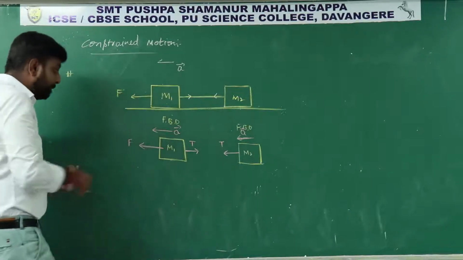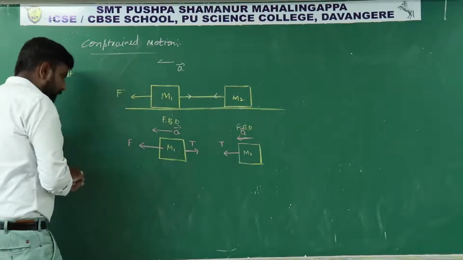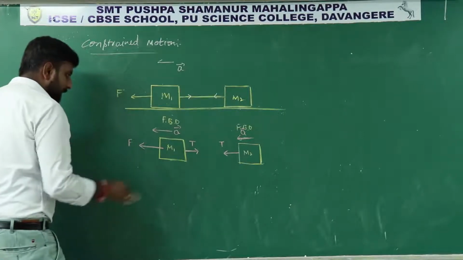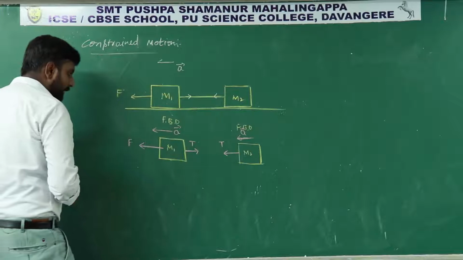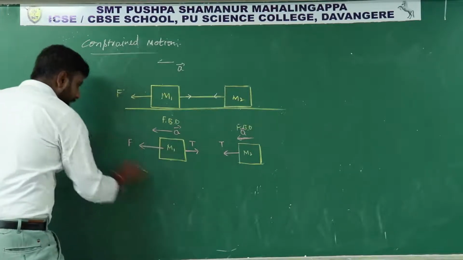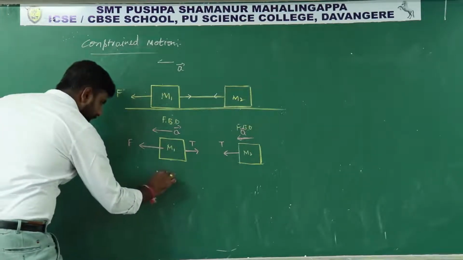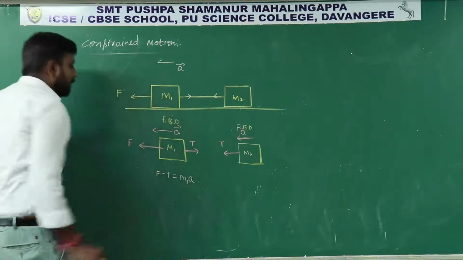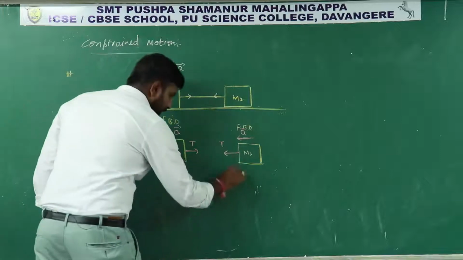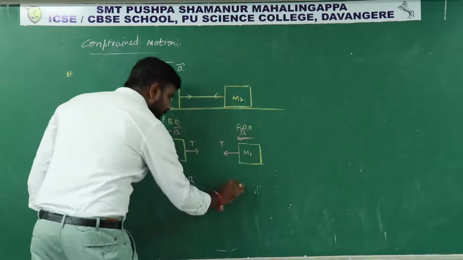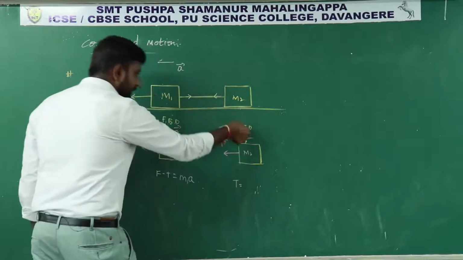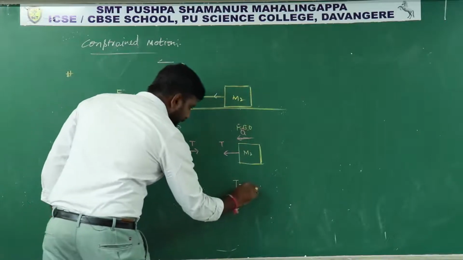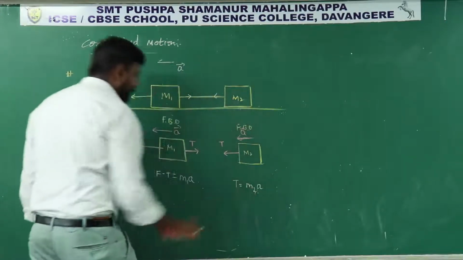And then next what you have to do is write the equation, that is Newton's second law of motion, you have to apply. So it is moving in this direction, means F minus T is equal to m1 into a. And here only one force is acting, right. This is only producing the motion, acceleration in the body. T is equal to m2 into a.